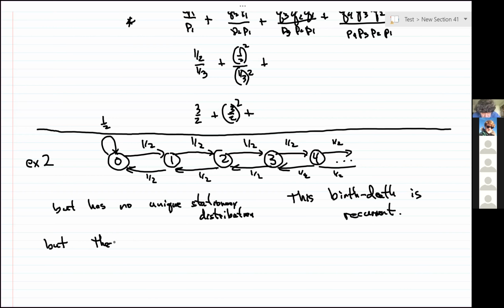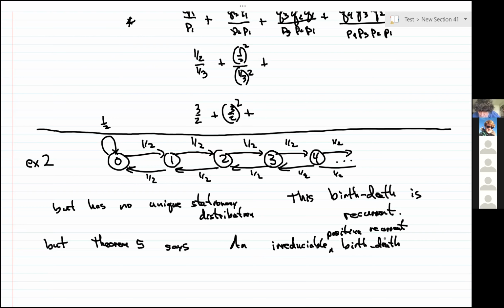Theorem 5 says an irreducible positive recurrent birth-death chain has a unique stationary distribution pi.